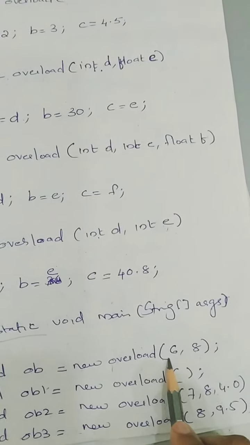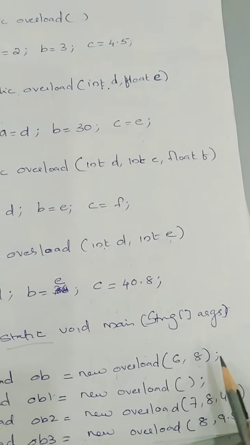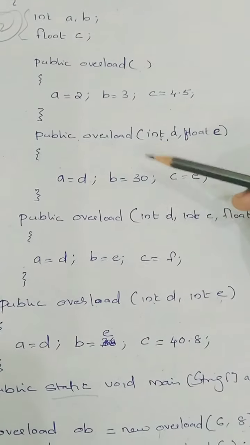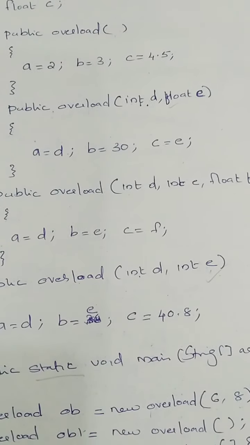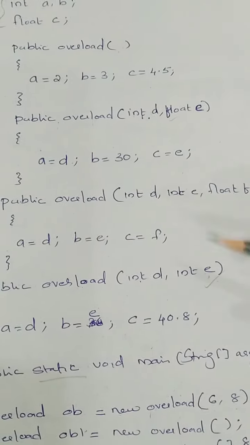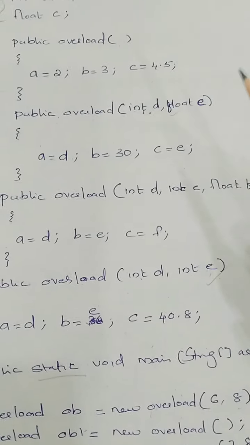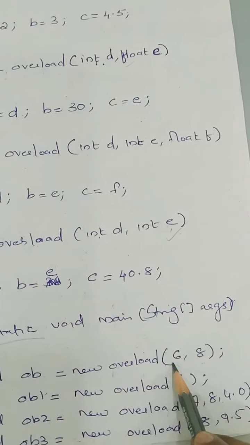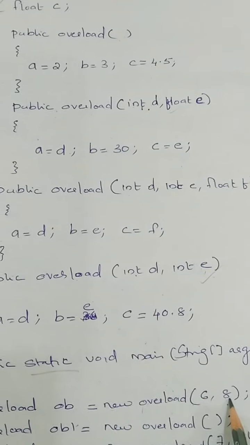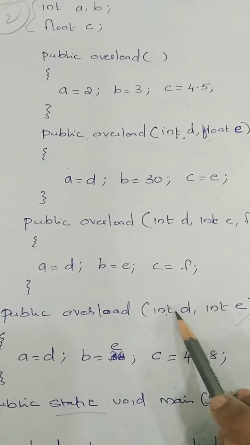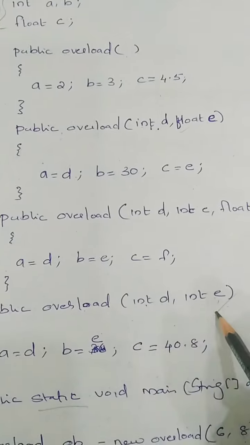It is calling a constructor with 2 parameters. So it will check which constructor is having 2 parameters. It has got this one and this one. There are 2 constructors. So it has identified them. But which has to be executed? So it will check which values are there. These both are integers. So it will check again which constructor has parameters that are both integers.